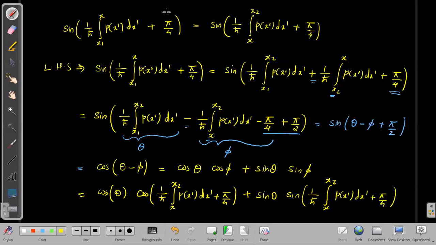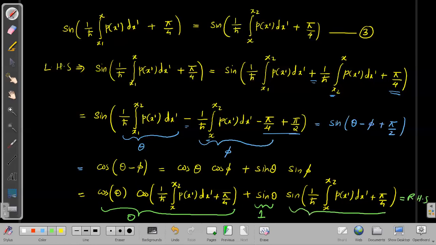Now according to this equation, it is very clear that to make the LHS equal to the RHS, this term, cos theta, must be 0 and sine theta must be 1. Then what you will get is the RHS, because this term is the same as the RHS term.